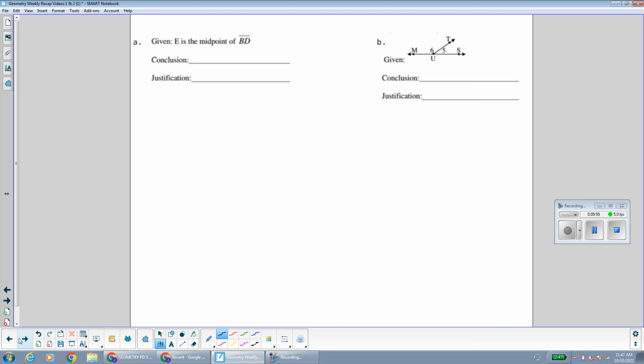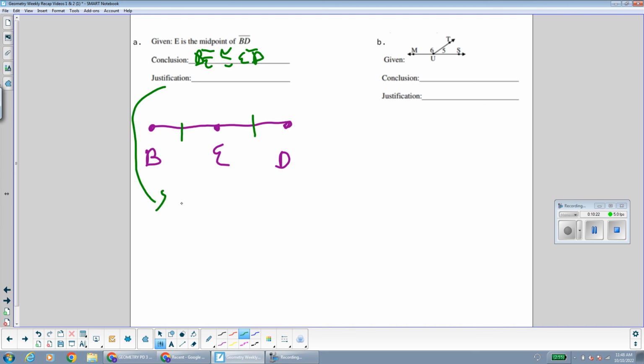Let's take a look at the given over here. We're given that E is the midpoint of line segment BD. So this time, we actually know E is in the middle. So we can draw the conclusion that BE is congruent to ED. And I'll write my justification down here.